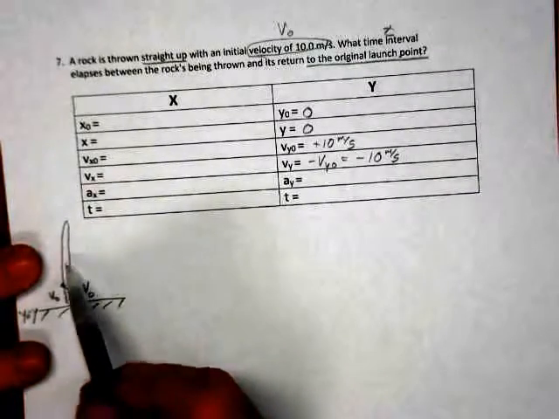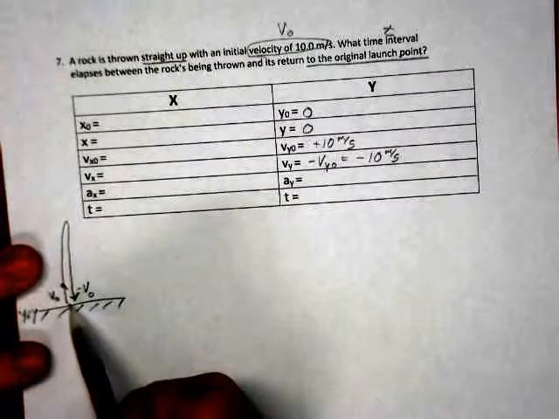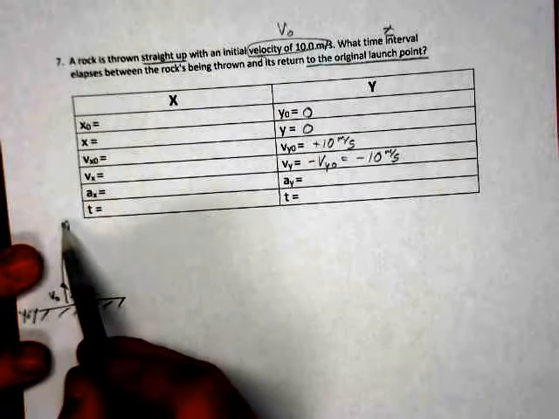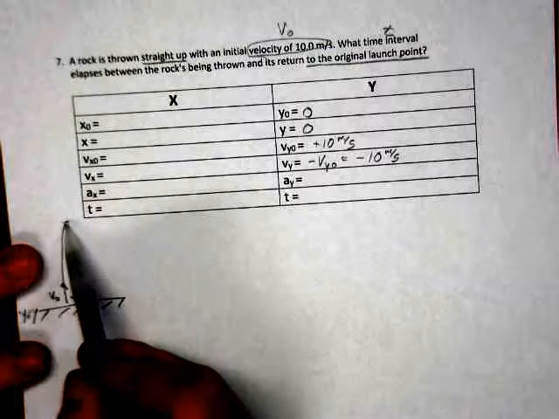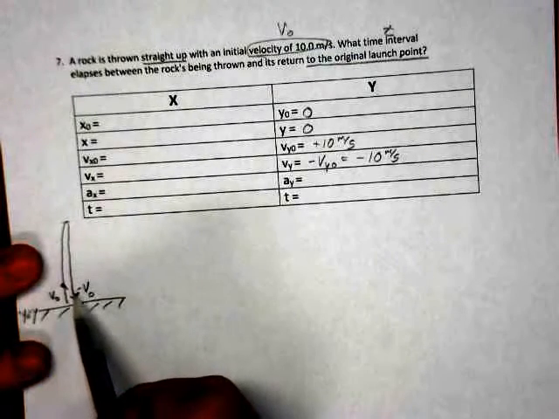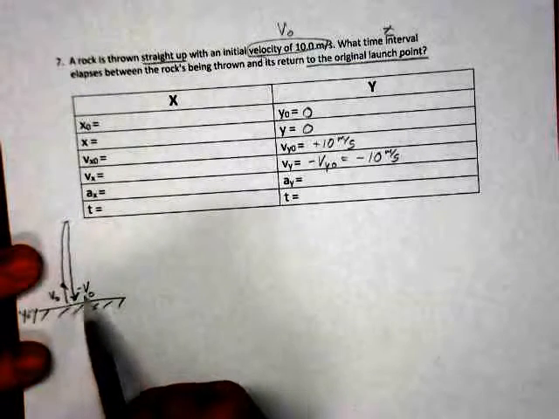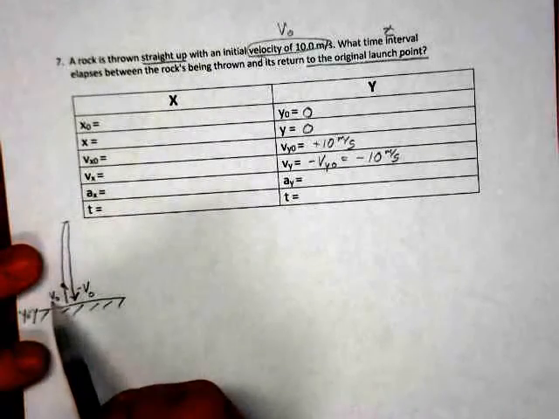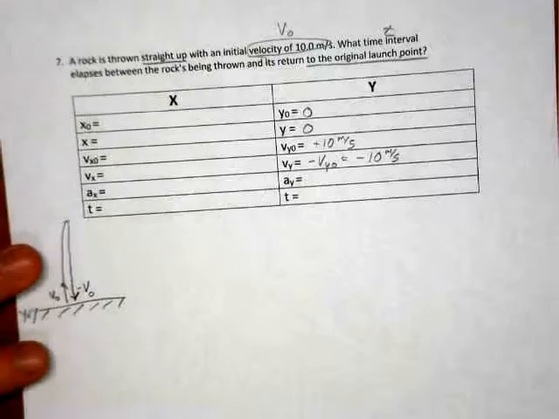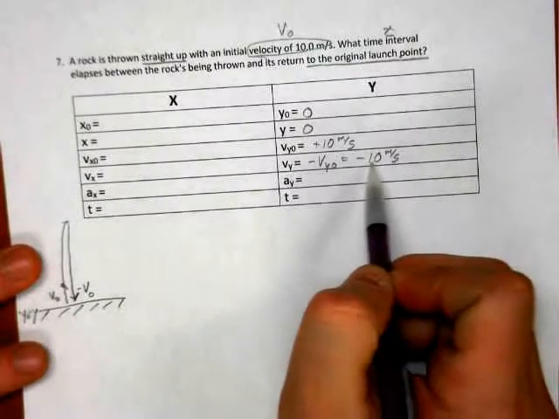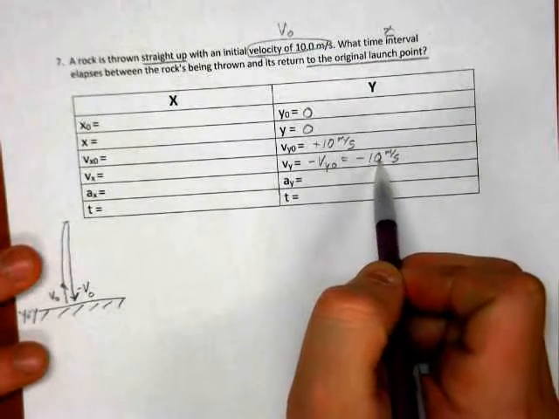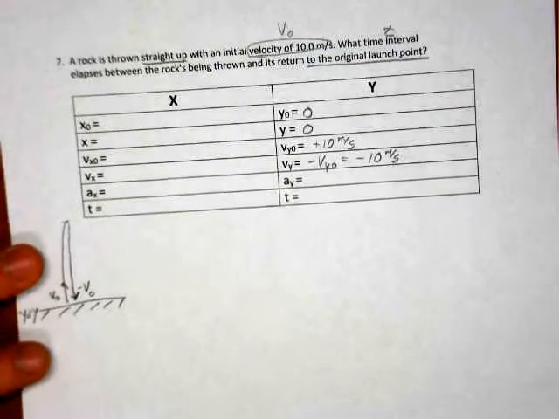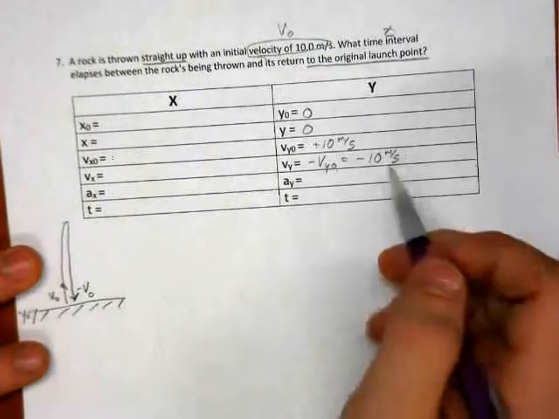No force is acting on it in this trip, so you throw it up, it goes with some velocity, it slows down until it stops at this point, then it starts speeding up again over the same path length, and so at the end it's going to have the same magnitude of velocity as it had in the beginning, different directions. However, you're going to see we don't even need this to solve the problem. So if you didn't identify this and you solved the problem the way I'm going to do it, I didn't take off points for that.